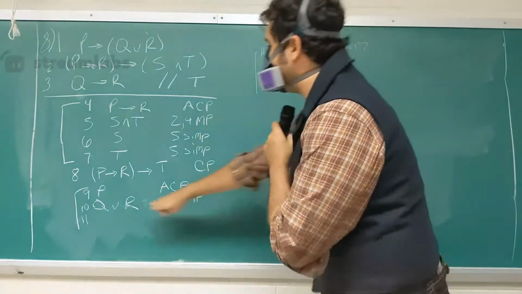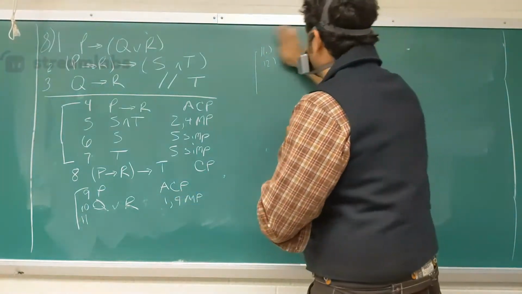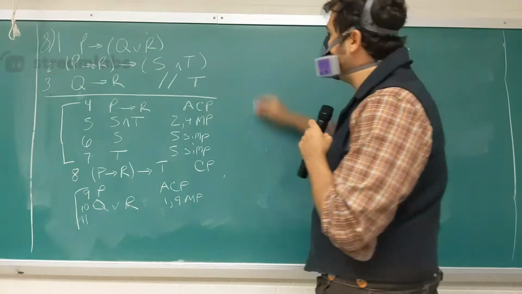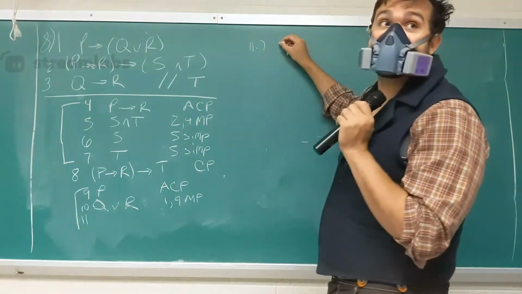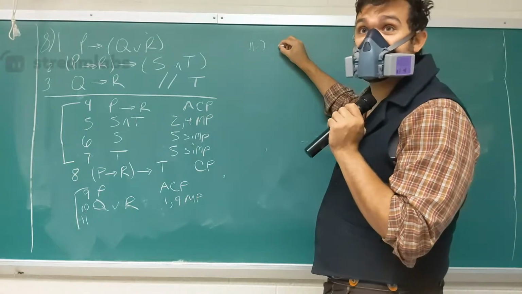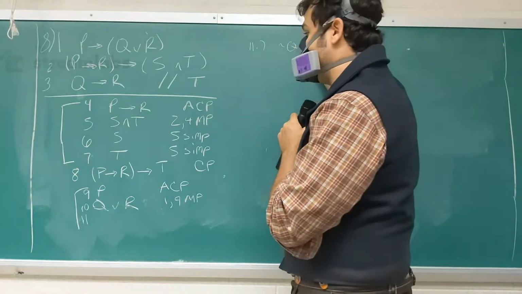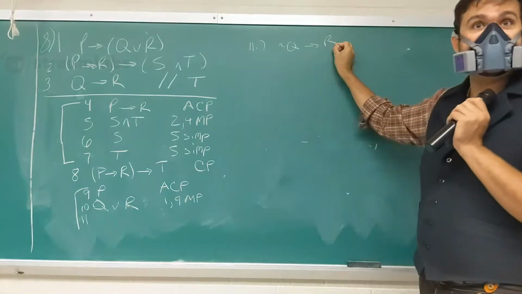So continuing from here, I know 11, I have Q or R. I do material implication on that and turn it into a conditional. And it turns into not Q, then R, right?